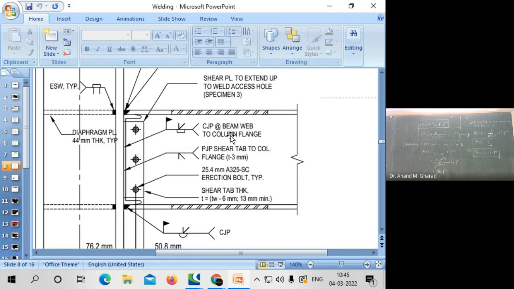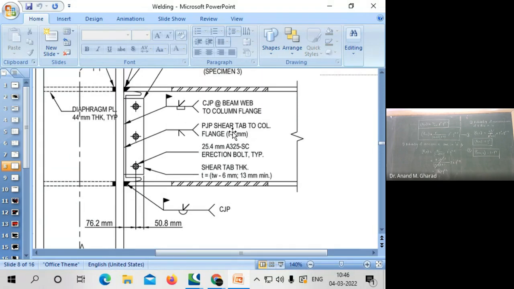Okay, and there are some specifications which are mentioned. ये क्या कहता है? CJP at beam web to column flange. So what are these CJP and all? The complete meaning of this has to be represented on this side of the drawing.